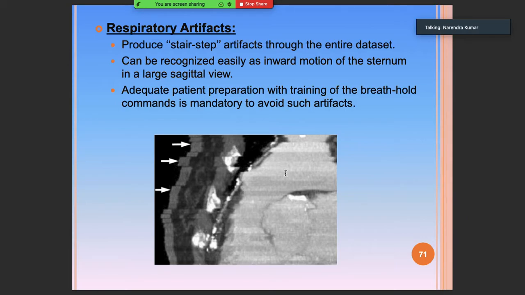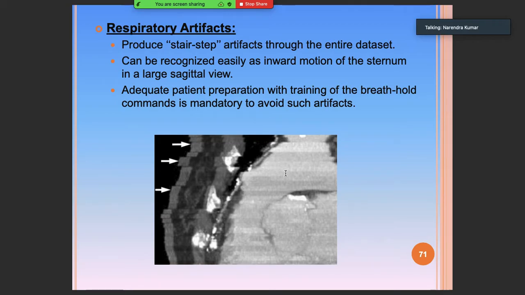So as I was telling you, the field of cardiac CT has been going through rapid transitions, in the sense from 4 slice to 8 slice to 16 slice, 32 slice, 64 slice, 128 slice. As I said, now even 256 slice cardiac CTs are also done.